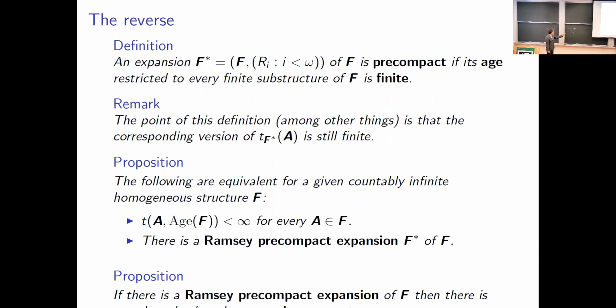There's an interesting proposition here which comes from topological dynamics. The application of topological dynamics to Ramsey theory is one of the first that was found. So in other words, you really don't need to worry about the expansion property. Well, you have to be careful when you say that, because remember, this is a classification problem.